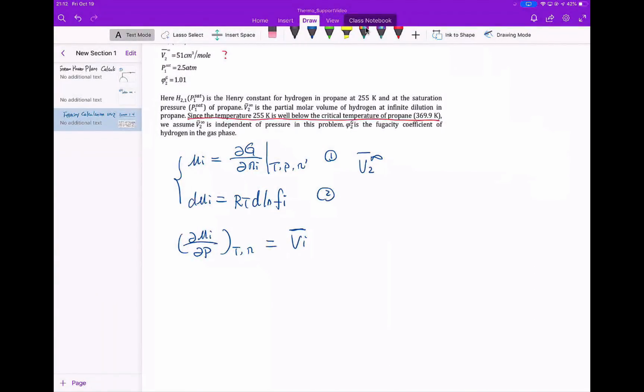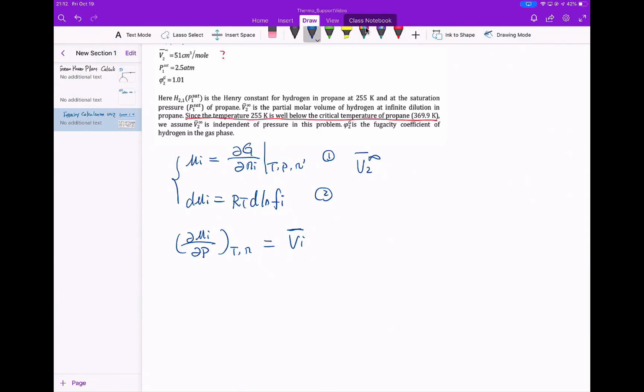Alright, so with equations 1, 2, and 3, we could have the following.